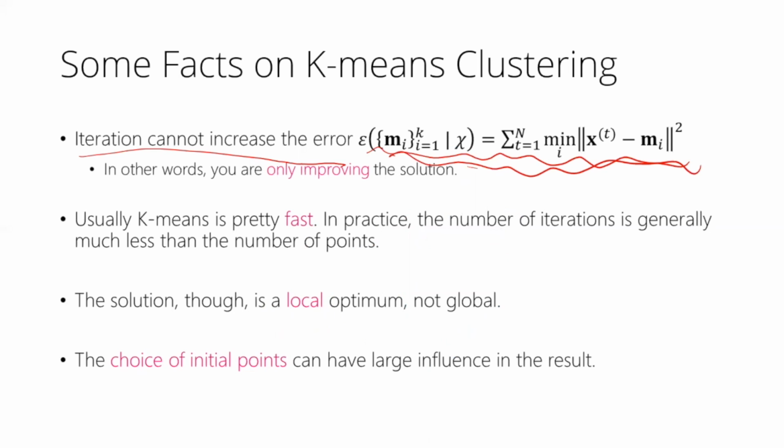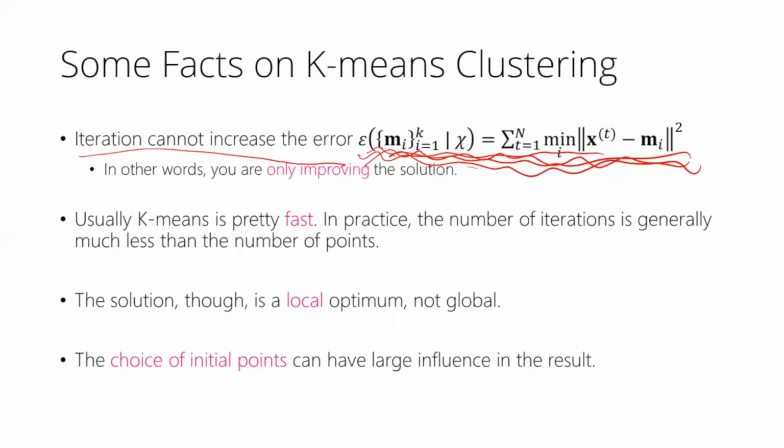It is always guaranteed that each step of Lloyd's algorithm is going to somehow reduce the error value. To be more precise, it's not always reducing it, but it cannot increase. So the worst case scenario is that the error value stays the same. It can never happen that the error increases from the previous step.